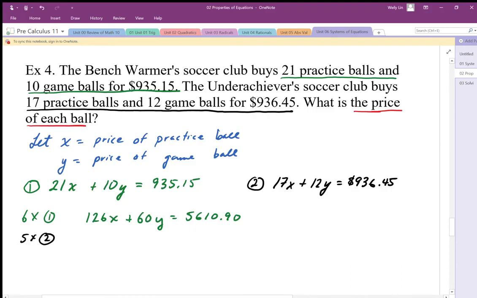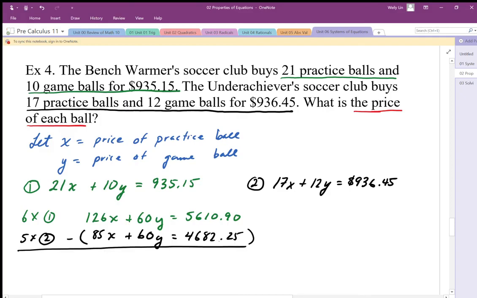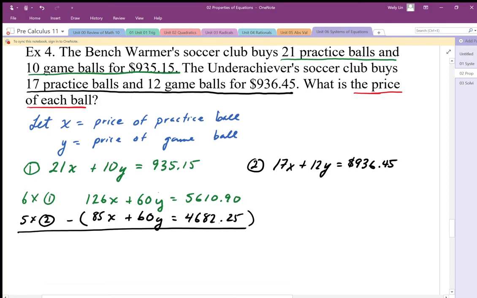If I do that, I end up with 85x plus 60y, and 5 times $936.45 gives me $4,682.25. Once I've matched my y coefficients, I'm going to subtract and eliminate my y variable here.